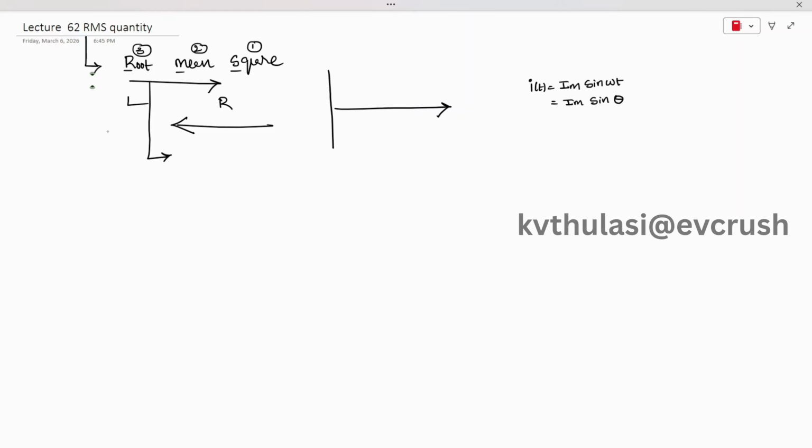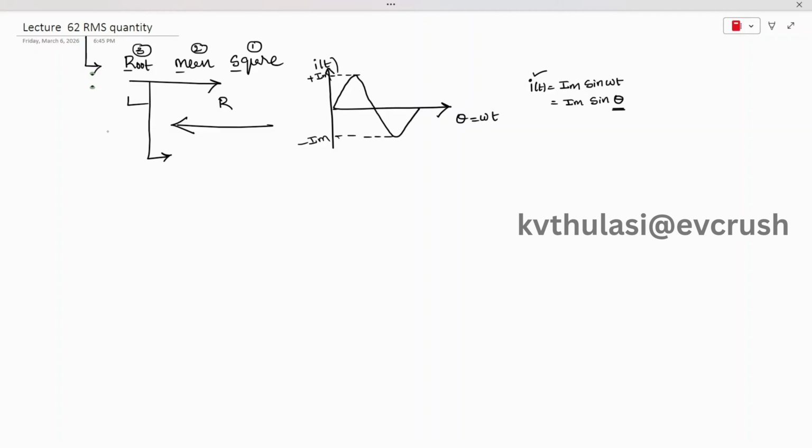Here the y-axis is the instantaneous quantity I of t, and the x-axis is theta, where theta equals omega t. The waveform starts at 0, goes to maximum and then decreases. This is called the positive cycle, and once again it starts and comes to 0. This is called positive Im, and this is called negative, minus Im.